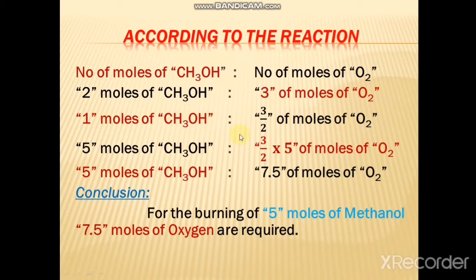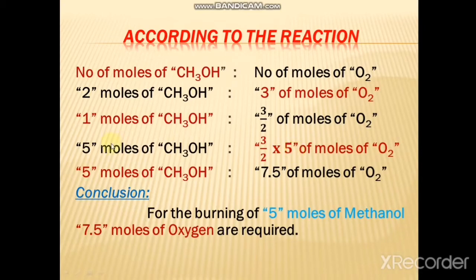We are asked to find the concentration of oxygen being used for the combustion of 5 moles of methanol. So we will multiply here the number of moles of methanol with 5 and number of moles of oxygen with 5 too.